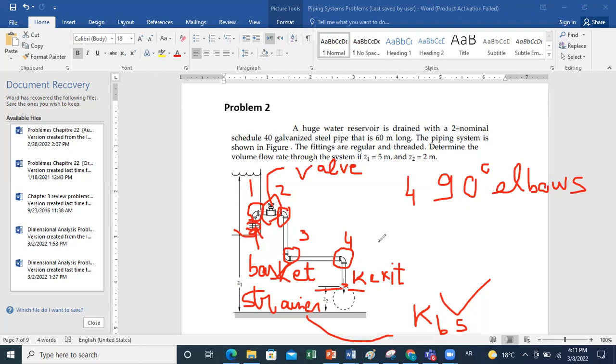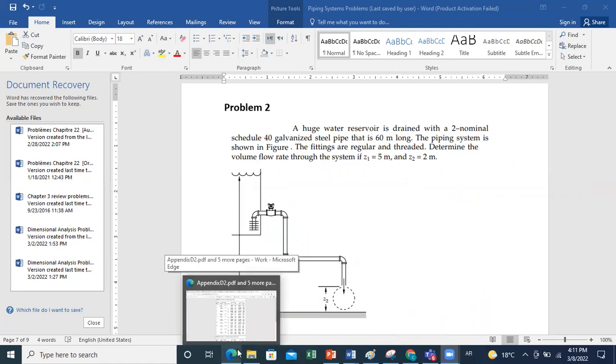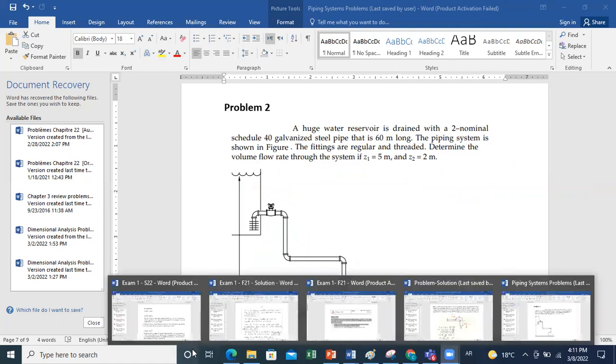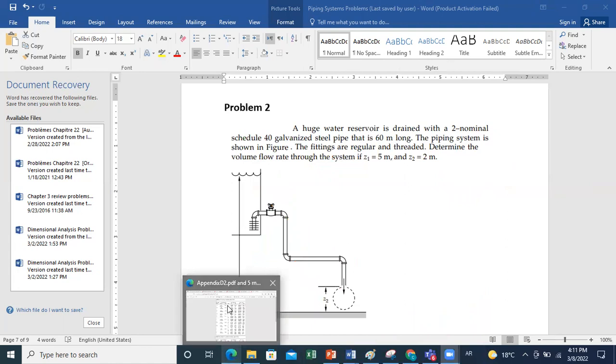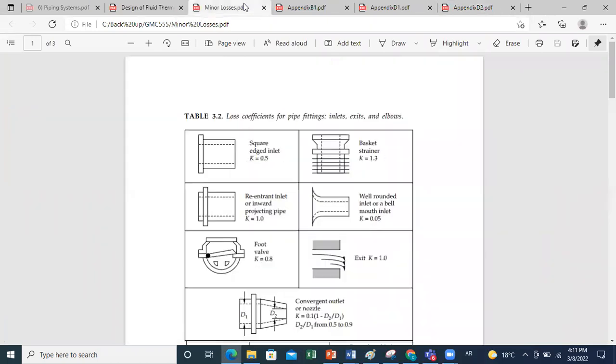Okay, so now I will go with you over a sheet that I will post for you on e-learning. It's called minor losses. It will give you several tables and graphs, allowing you to determine the minor loss coefficient for any accessory you might find.